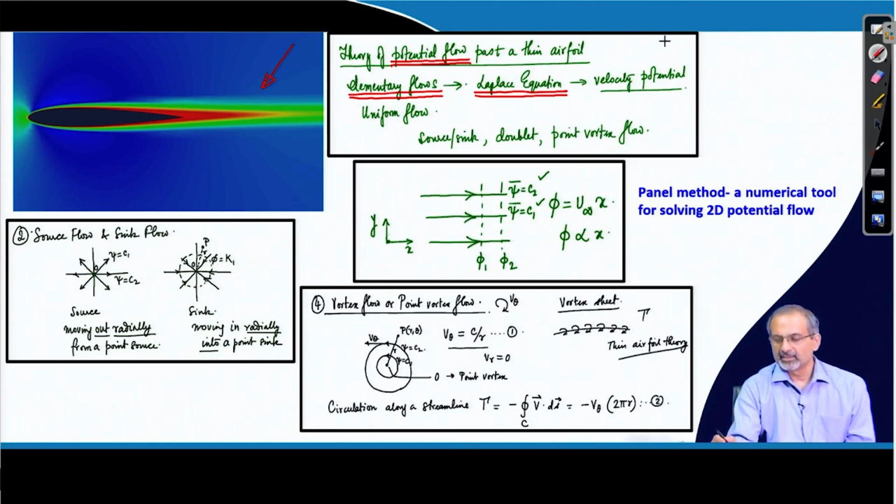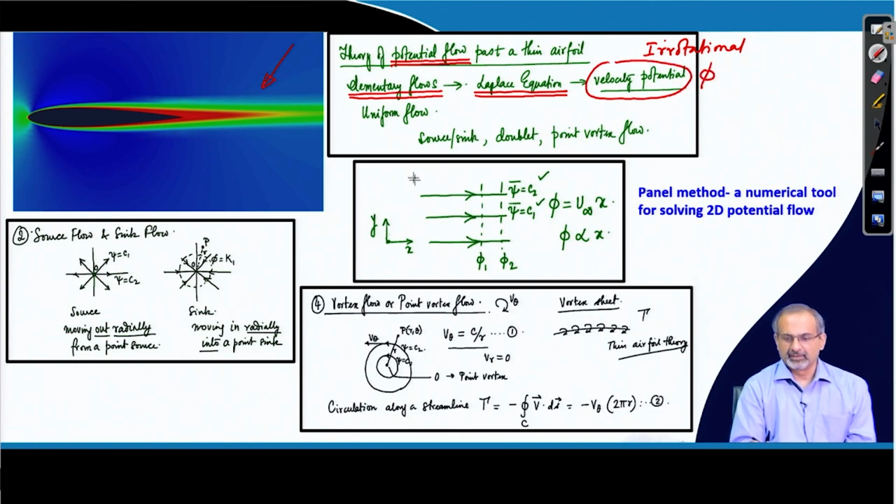Once you have the condition of irrotationality, you have the existence of a velocity potential phi, and you can then say that the phi distribution in the flow field can be obtained by solving Laplacian phi equal to 0 by applying suitable boundary conditions.